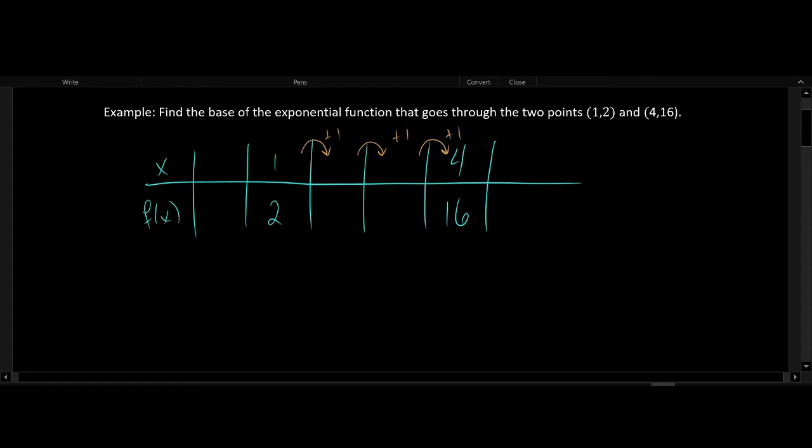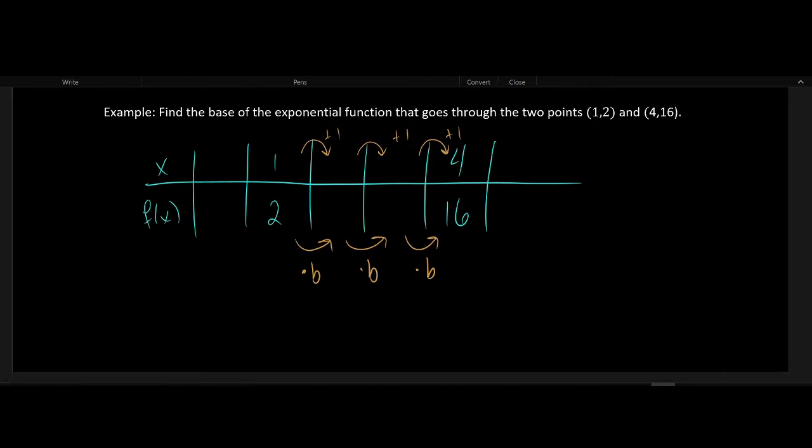We are increasing x by 3, increasing x 3 times. Now, we increased x in total 3 times, which means that we must have multiplied by the base 3 times. In total, 3 times we multiplied by the base, moving from 2 up to 16.